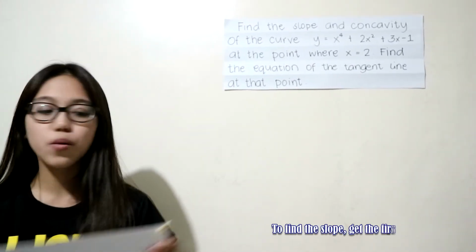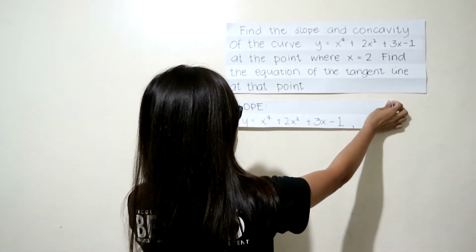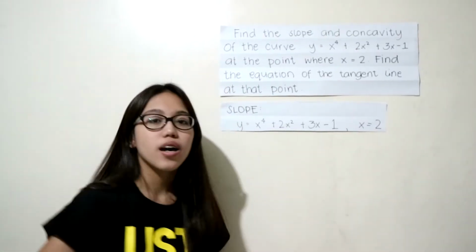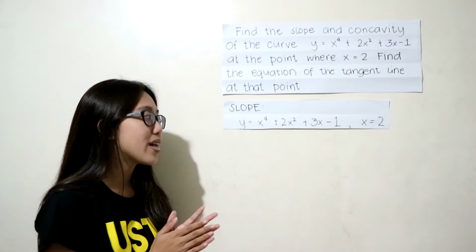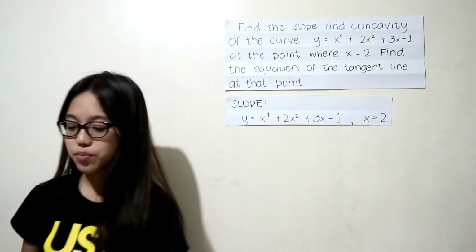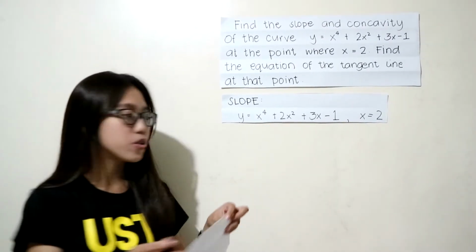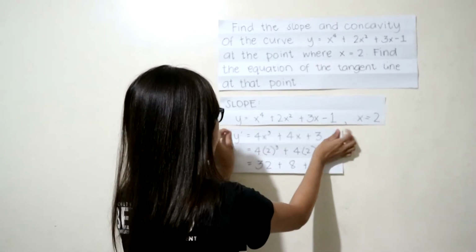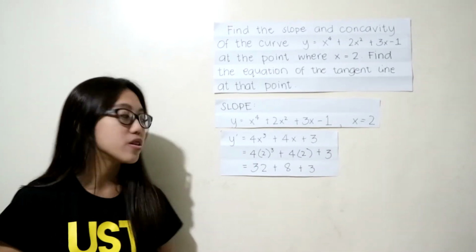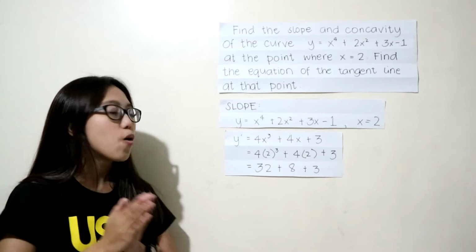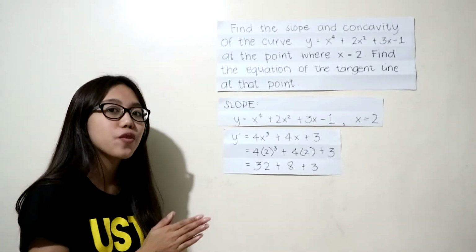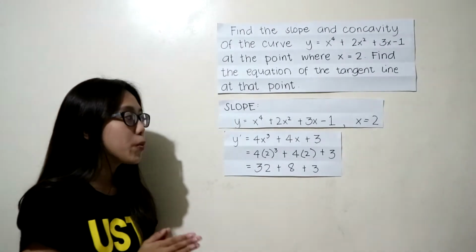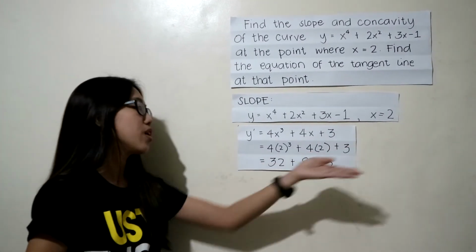So given the equation, we will use the power rule as well as the constant rule. In using the power rule, the derivative will be 4x cubed plus 4x plus 3. The 1 will be cancelled due to the constant rule, and then we will substitute 2 into the derivative.